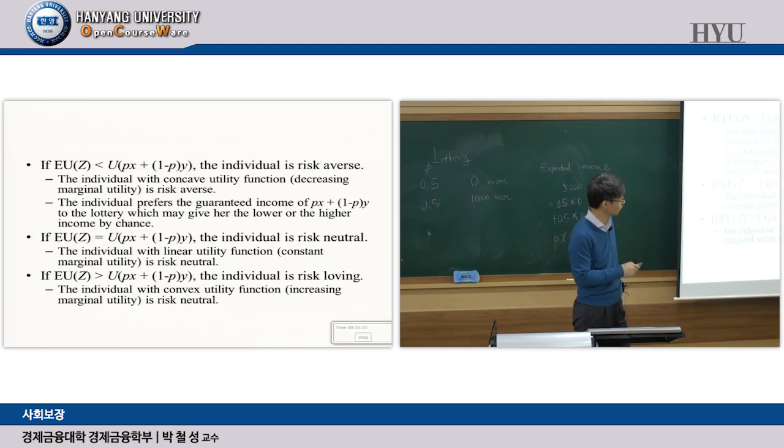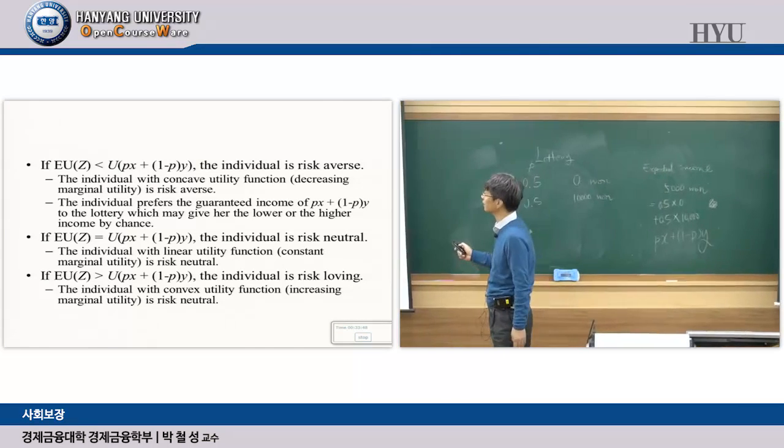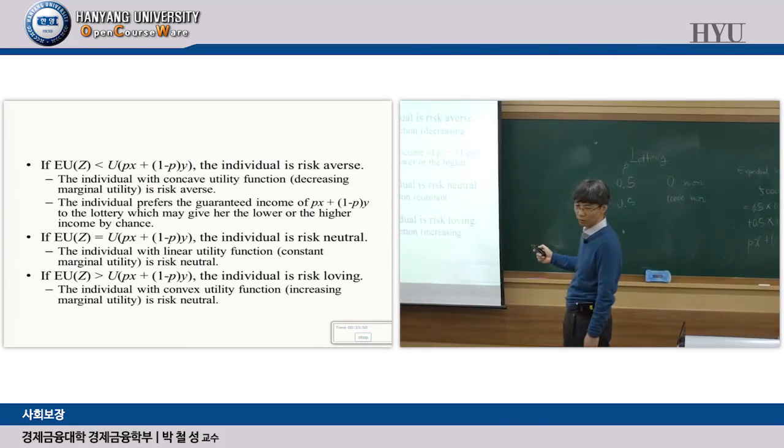You have probably heard these three terms already: risk averse, risk neutral, risk loving. The largest proportion in our class was risk averse. It's not surprising that usually people are averse to risk.